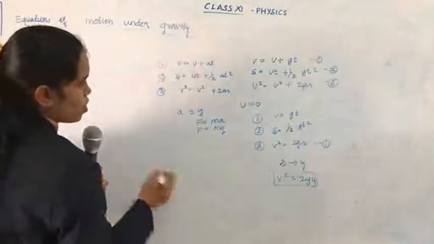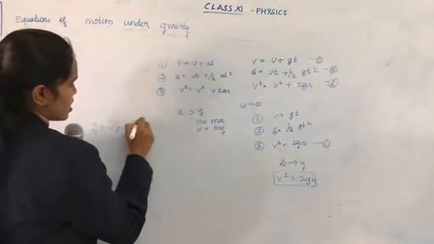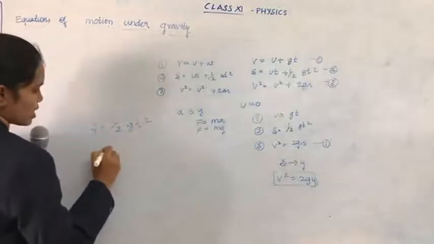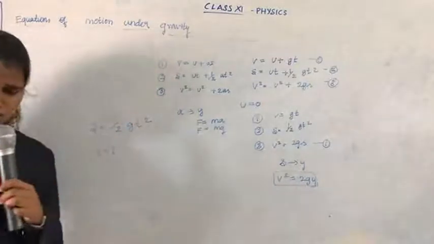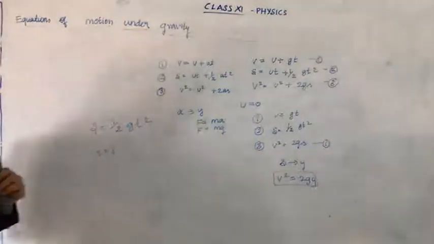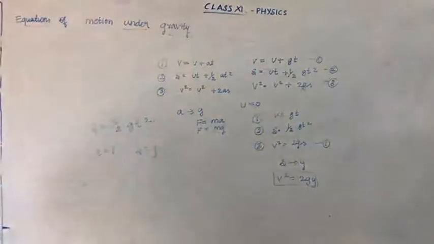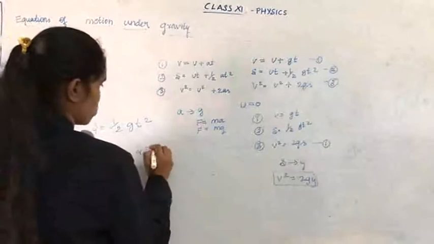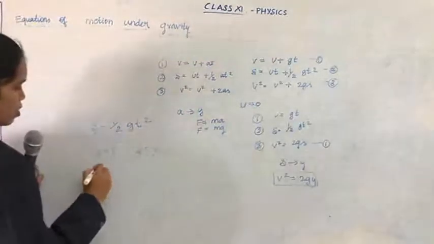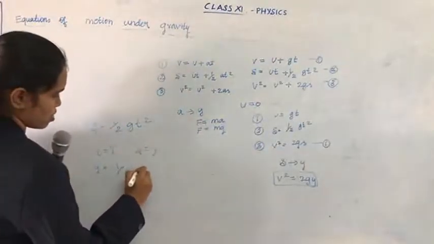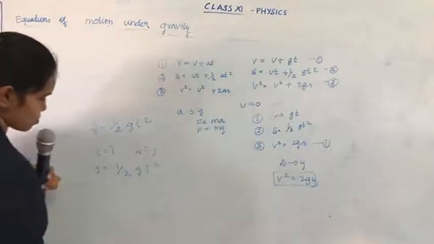Now take the second equation, S equal to half GT square. Small t equals capital T, and the distance S equals Y. So Y equal to half G into T square.